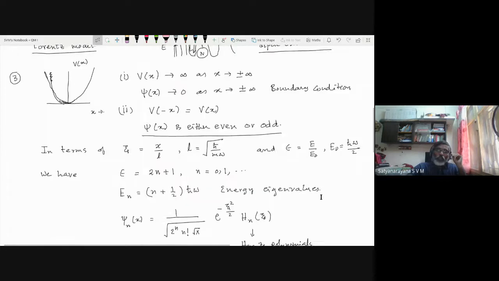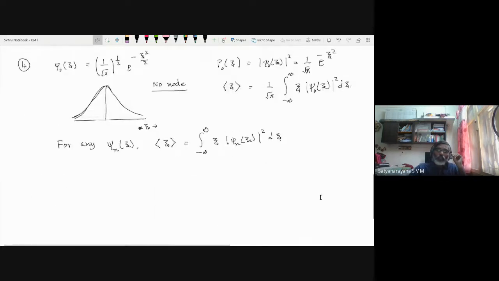Whatever psi of x is, whether it is even or odd, psi square is always even. That is an even function, always. Now, xi into psi square, this whole thing, is always an odd function because I am multiplying with xi. So any odd function integrated from minus infinity to plus infinity d xi is always equal to 0.